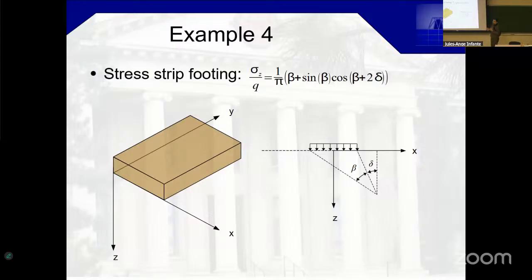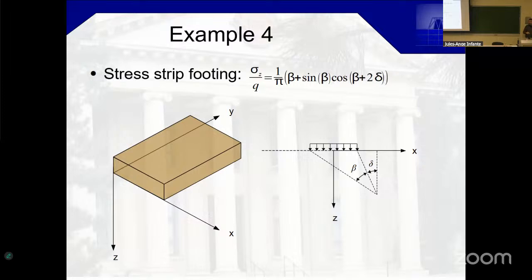This time we're going a bit more refined. We're going to look at the strip footing, 2 meters wide, over 8 meters depth. What's the change in stress at 2 meter intervals? I know it's coarse, right? We should probably decrease that, but we'll see.